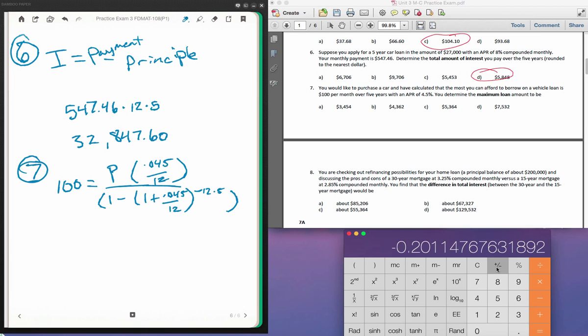I can also subtract 1 minus that, which is a shortcut. Now I'm going to multiply this by 100. So therefore, I have now 20.1147... is equal to the principal times 0.045 divided by 12.